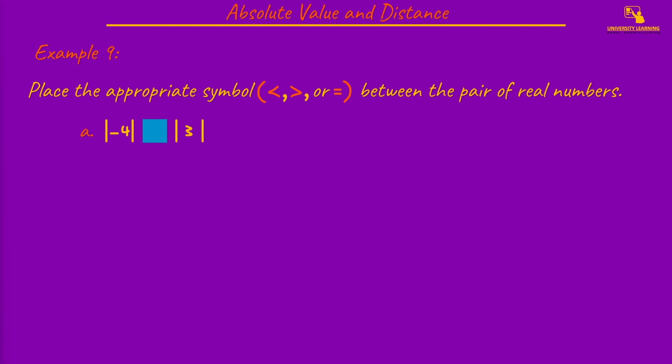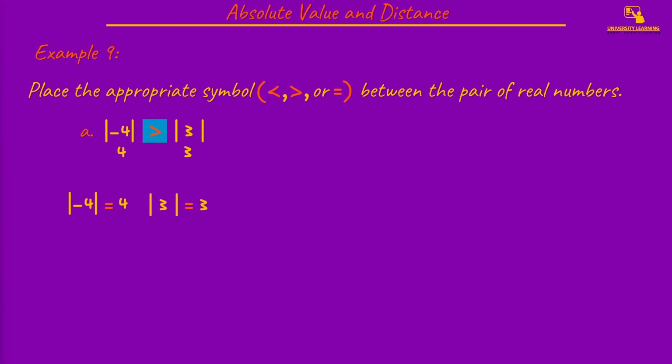To compare these two numbers, you must extract the absolute value of them. So let's get started with the first one. The absolute value of negative 4 is equal to 4. And we know that the absolute value of 3 is equal to 3. So we have 4 and 3. We can see that 4 is greater than 3. So the absolute value of negative 4 is greater than the absolute value of 3.